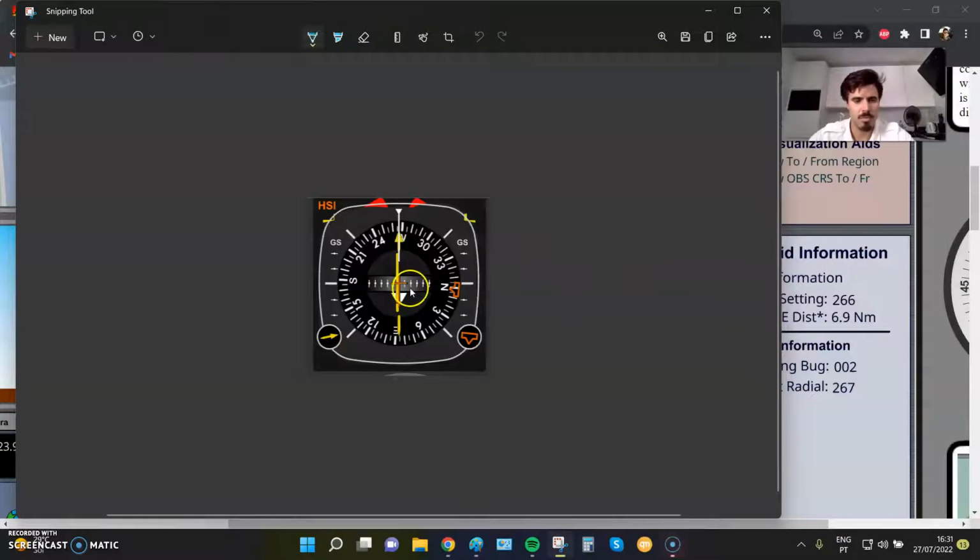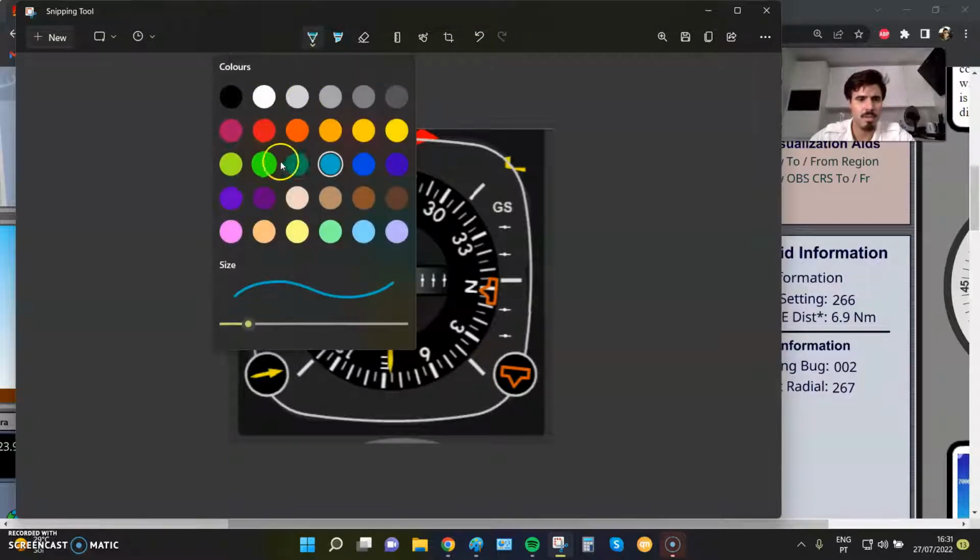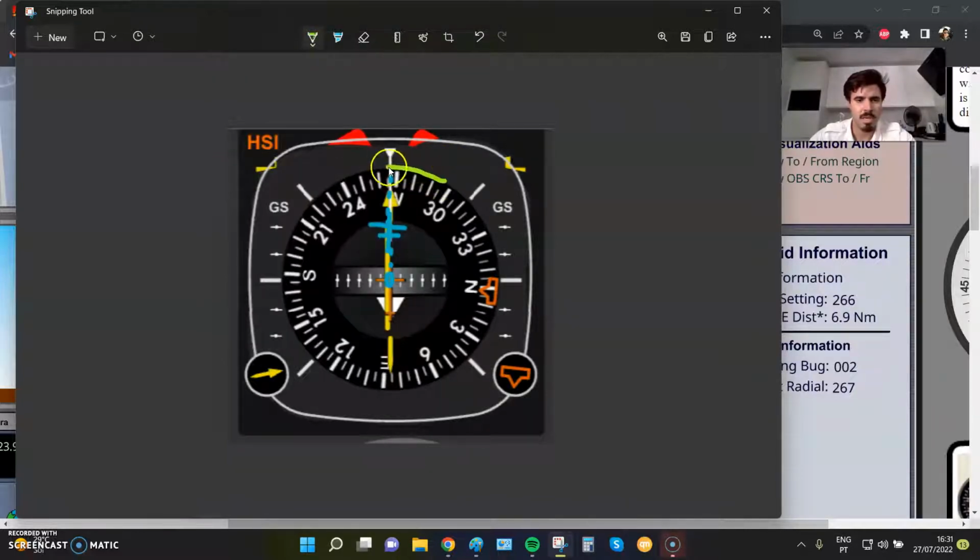So let me explain what we're going to do. Once again, VOR here, this is our radial and we are somewhere here, and we have a perfect DME arc here, and we're going to do it counterclockwise. Okay, so clock goes that way, counterclockwise.